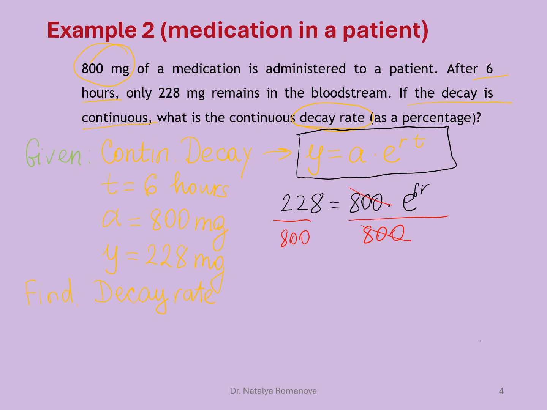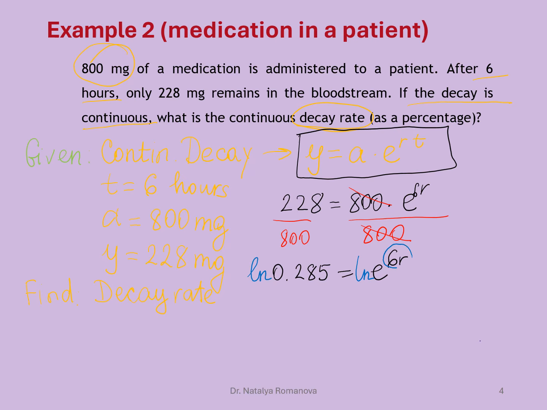Using a calculator, we can find 228 divided by 800, which equals 0.285 equals e to the 6r. Now we take the logarithm of both sides of our equation, so it would be ln, the natural logarithm, on each side. Now we apply the power rule for logarithms.